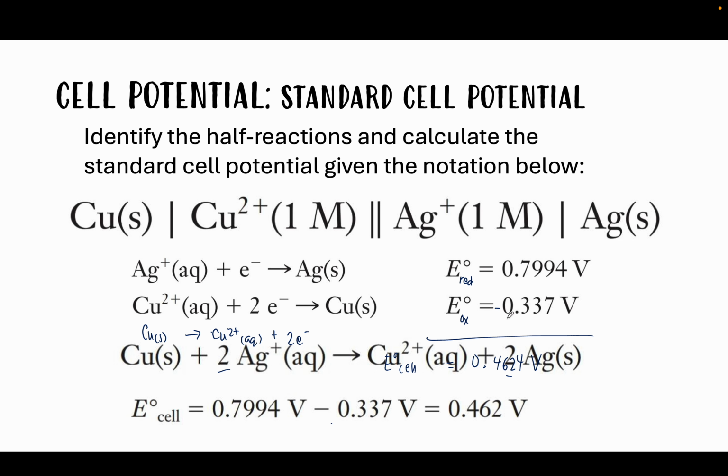That is obtained from the switching of the reactant and product for this half reaction. So this is 2, that's why you have 2 here. Alright, so this is your standard cell potential.